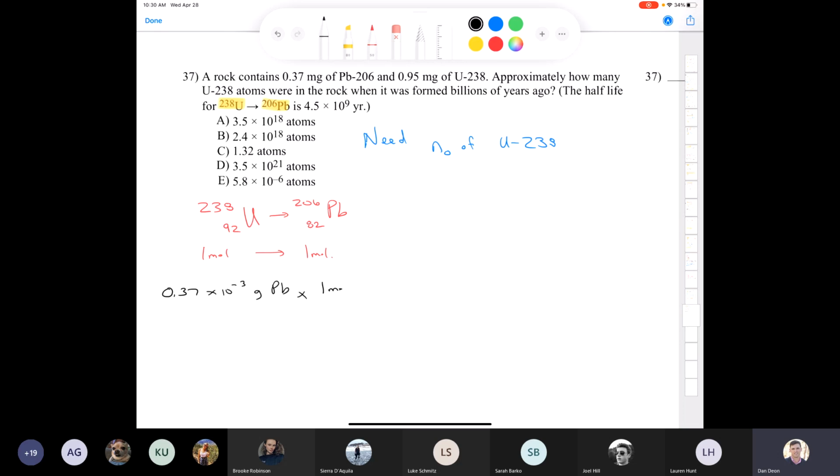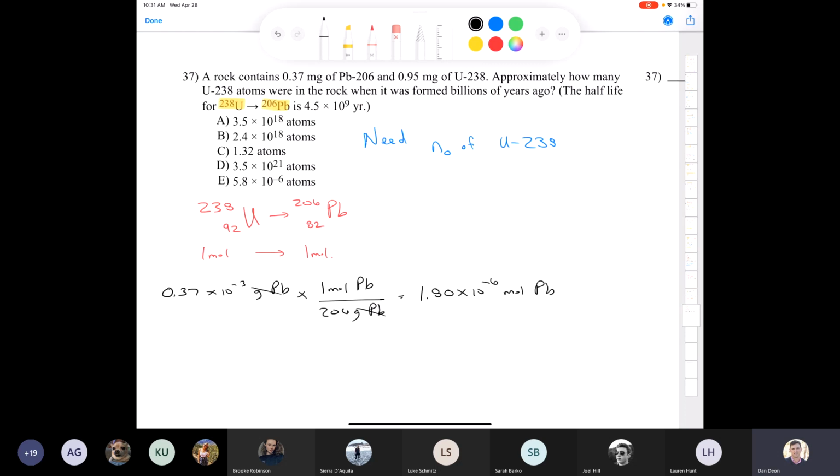I know that in 1 mole of that lead-206, I've got a mass of 206 grams. So the mass of the lead cancels out, and I end up with 1.80 times 10 to the negative 6 moles of lead. That's how many moles of lead I get at the end.